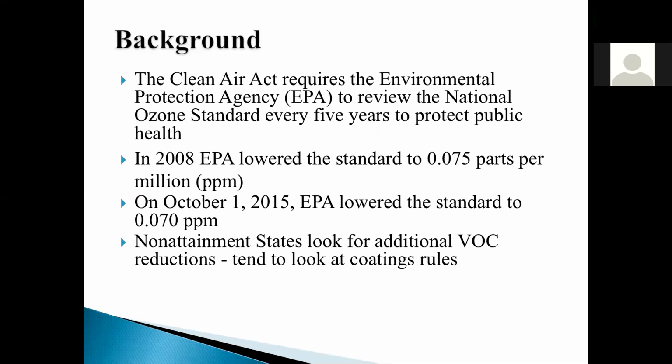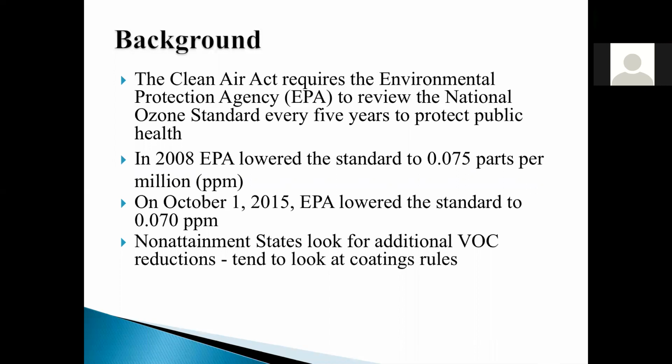It's been modified a number of times over the years. In 2008, for example, EPA lowered it to 0.075 parts per million. In October 2015, it was lowered again to 0.07 parts per million.